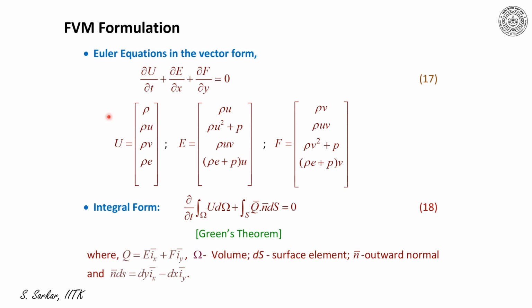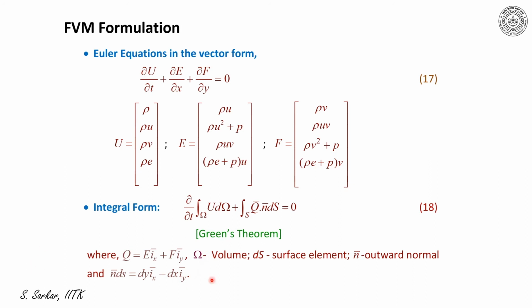In case of two-dimensional, it will be a surface length, or for three-dimensional flow, it will be the area of a surface, and η is the unit vector for a surface normal. Thus, η dS would be equal to dy i_x minus dx i_y.